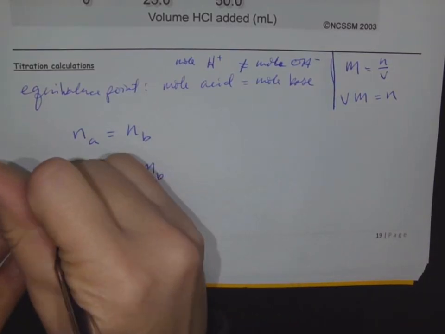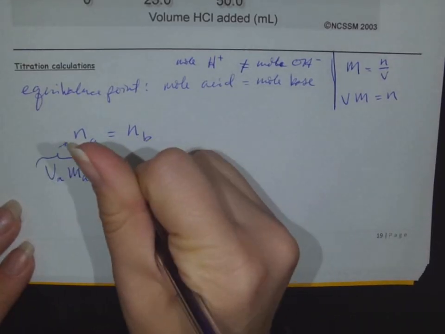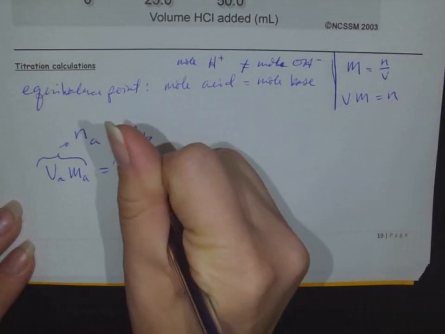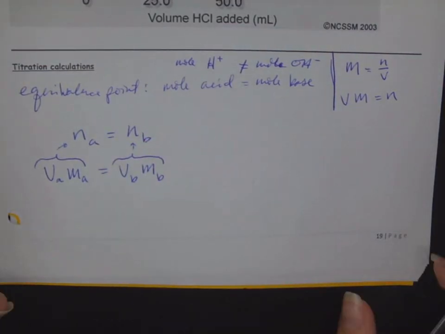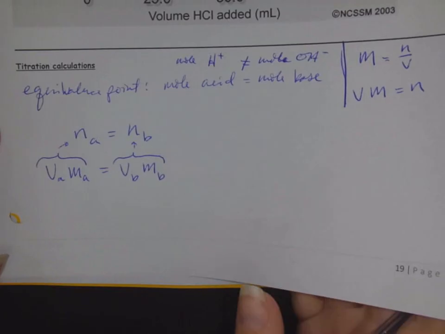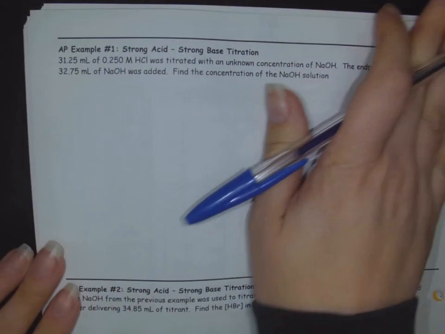But please, please do not forget that this equals the moles of the acid, and this equals the moles of the base. So if they ever just give you that number, you don't need to multiply the volume and the molarity because they've already provided the moles. So we're going to end this video by doing a couple of examples, and then we'll keep working through those examples when we get to class.